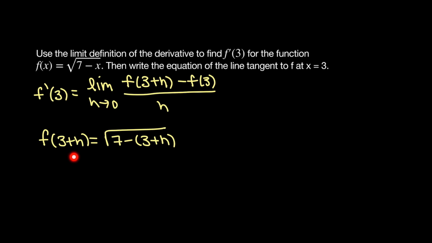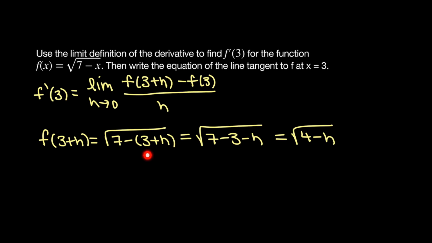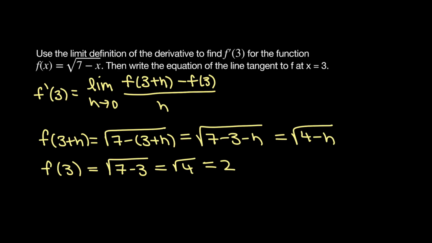So to get started, we have to find f of 3 plus h. I'm going to take 3 plus h and plug that in for x in my function. That gives me square root of 7 minus the quantity 3 plus h. I can distribute that negative, combine like terms, and I'm left with square root of 4 minus h. Then I'm going to find f of 3.